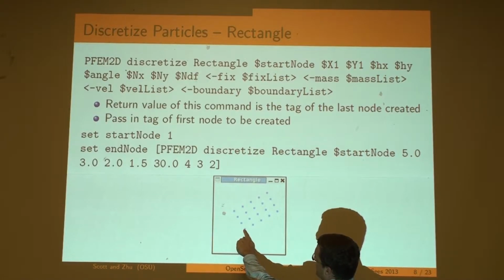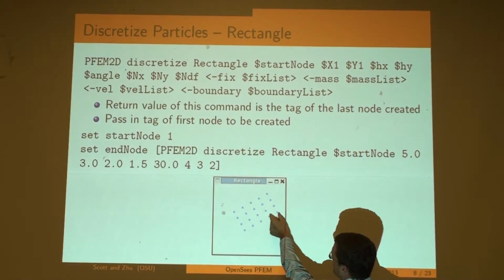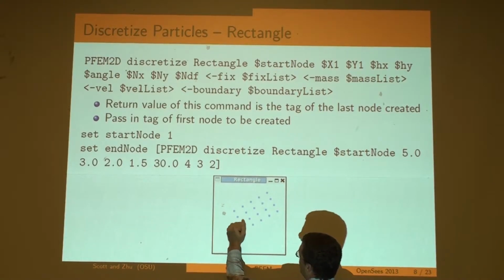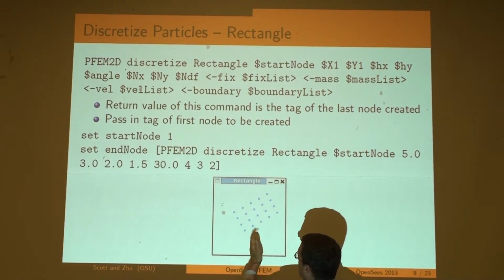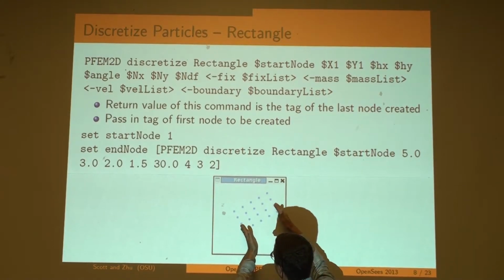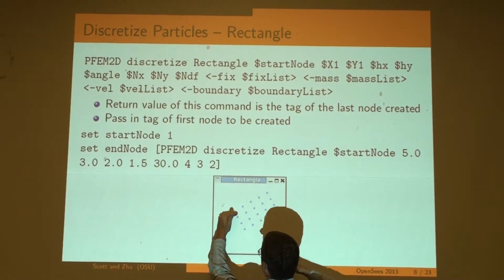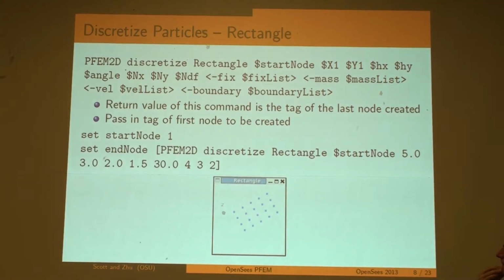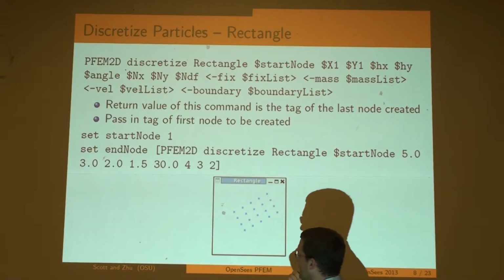And then the grid spacing in the x direction is 2 units and 1.5 units, 30-degree angle of rotation, and then 4 spacings along the x direction, 3 along the y direction, and then there's 2 degrees of freedom for each node. And this command will return the tag of the last node that's created.